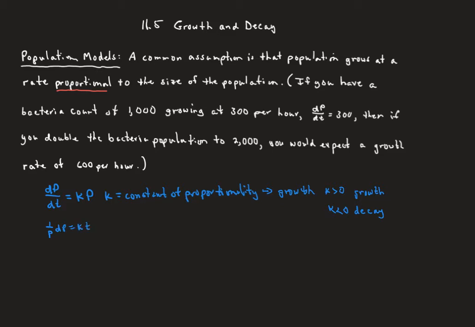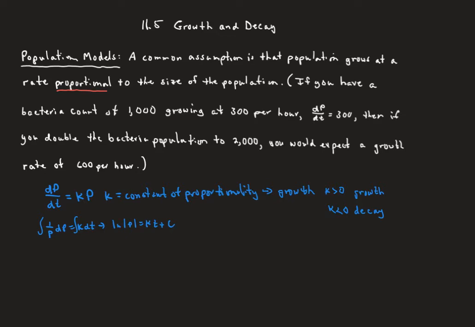If we integrate both sides, we get the natural log of the absolute value of P equals kt plus C.